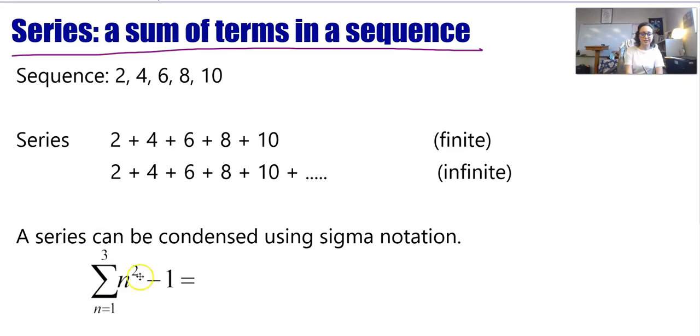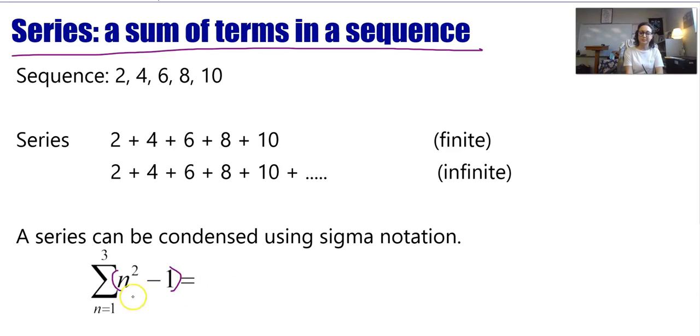So for my expression of n squared minus 1, you're going to plug in n starting with 1, and then you're going to keep going up by positive integers. So you're going to do n equals 1, then n equals 2, then n equals 3, and you're going to stop there because that is the number above your sigma.